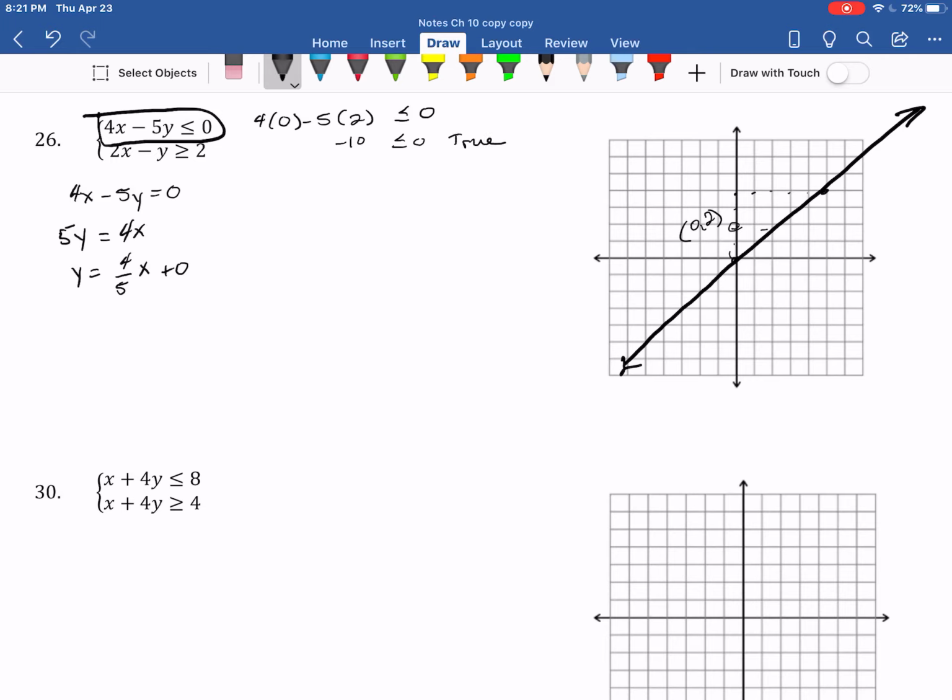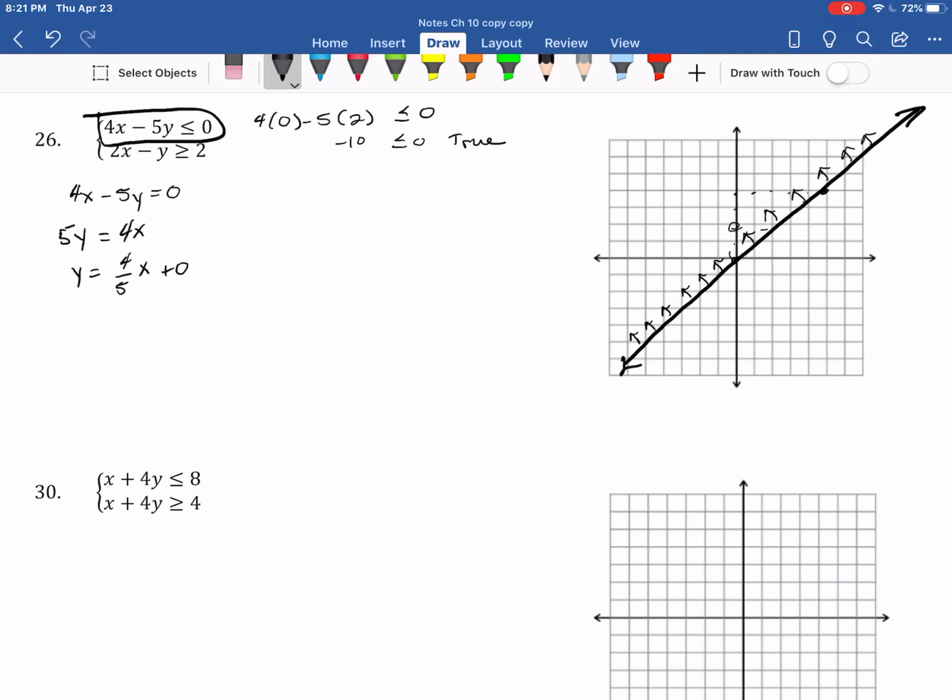Therefore, the point that I've chosen to check needs to be part of my solution set, and that was above the line. So I want to shade in everything above this line as my solution to my top inequality, okay? So far, I've got all the points in the Cartesian plane above this line.